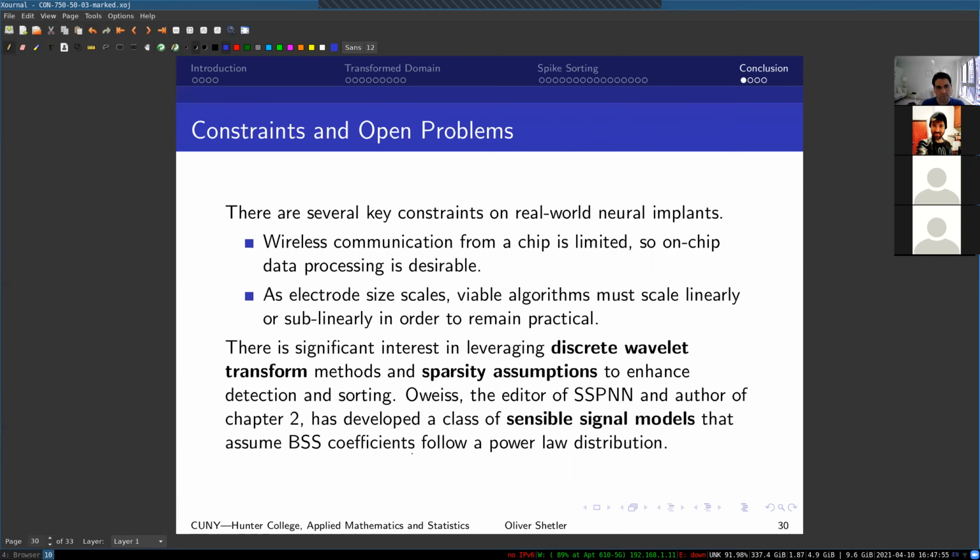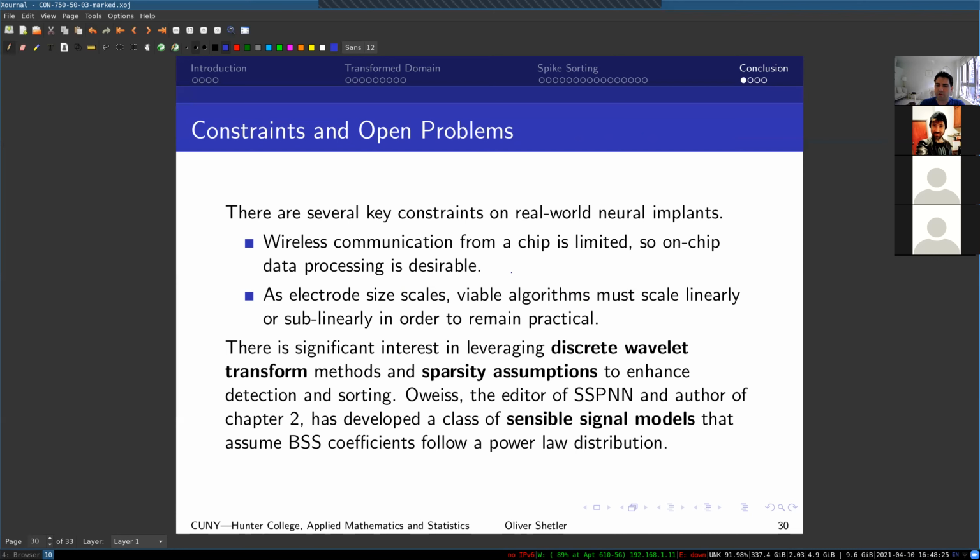So moving on to the conclusion, what are some constraints and open problems? As we've seen over the last couple of lectures, there are several key constraints on real-world neural implants. One of them is that wireless communication from a chip is limited, so on-chip data processing is desirable. And as a consequence, efficiency is often very important.